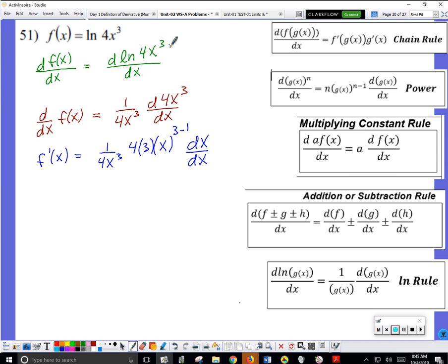And I'm finding the derivative of natural log of g. I used the ln rule to take care of the ln part. So now g, it's a little different actually, because the constant a is 4, and the f of x is x cubed. So we pulled out the 4. Now on the next line, we just ignore the 4.